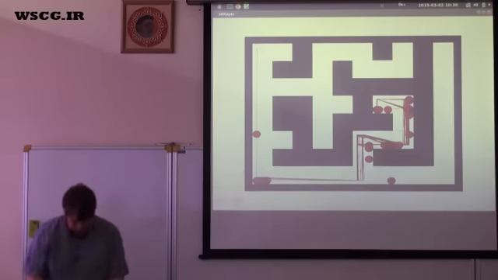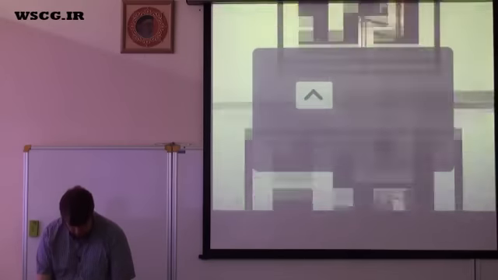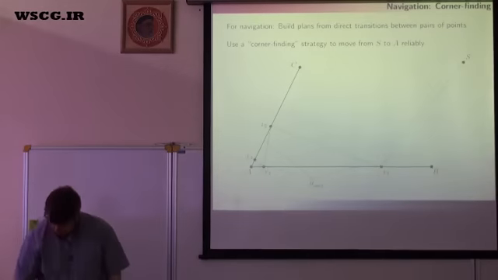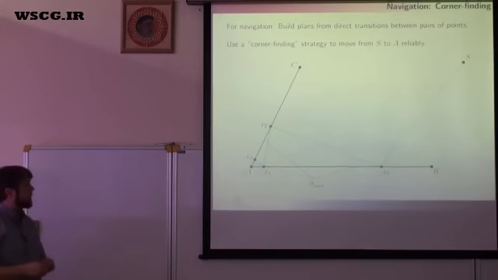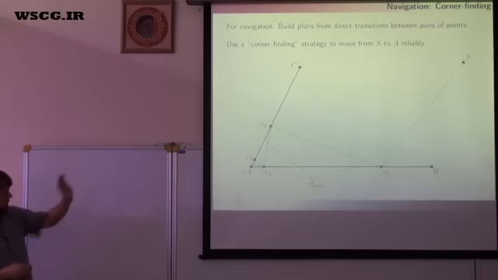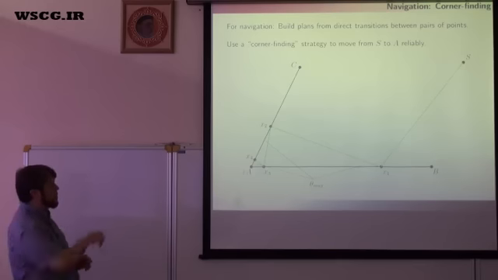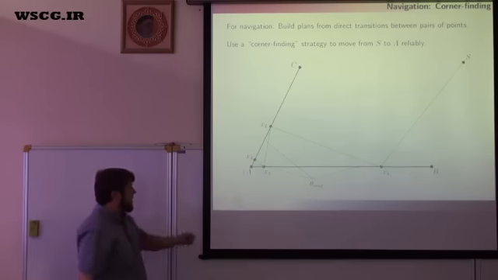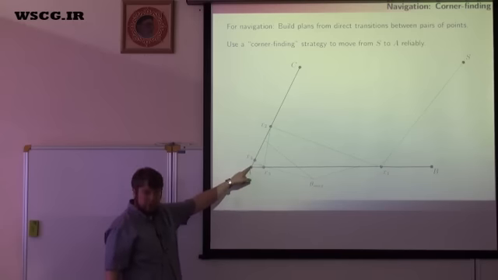So let me give you at least a little intuition for how we might have some hope of solving this. Here's a tiny little slice of the environment, and we'll suppose we know the robot is at S up there in that corner, and let's imagine that this vertex A of the environment is our goal.